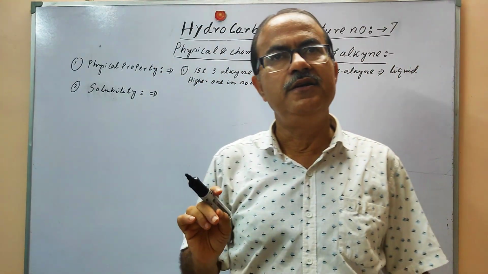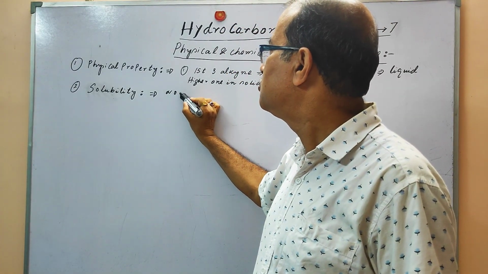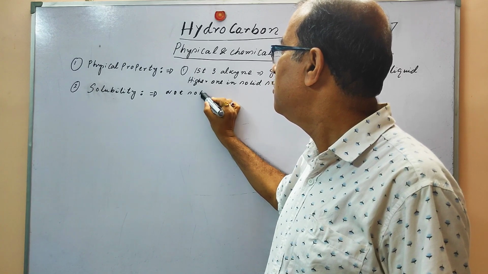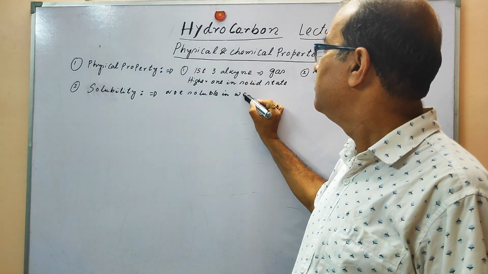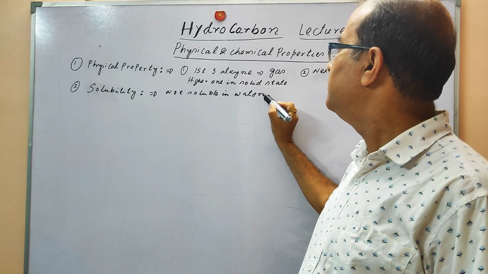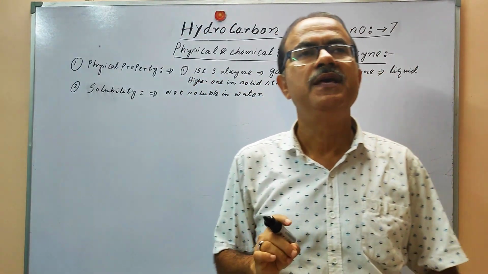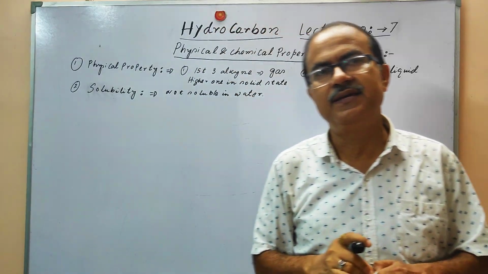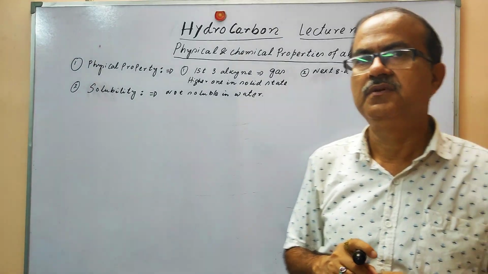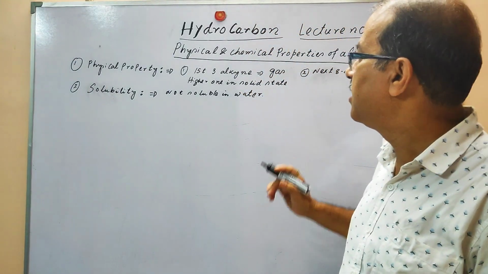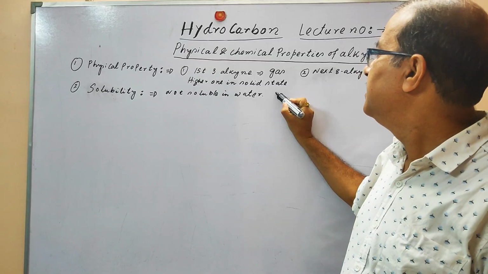It is insoluble in water. So we can write solubility: not soluble in water. But it can be soluble in organic solvents like ether, benzene, all those organic solvents. It will be soluble, but not in water.